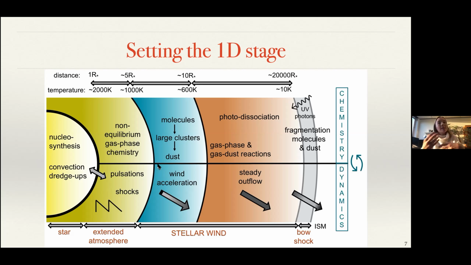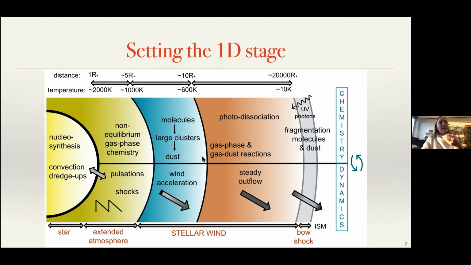Further out, where densities are still high enough but temperatures low enough, these molecules can form larger gas phase clusters and form dust grains. And it's exactly then the radiation pressure on these dust grains that generates the stellar winds, and also the fact that these dust grains are coupled to the gas.